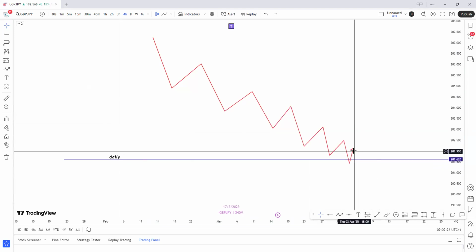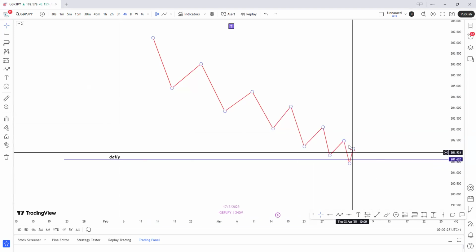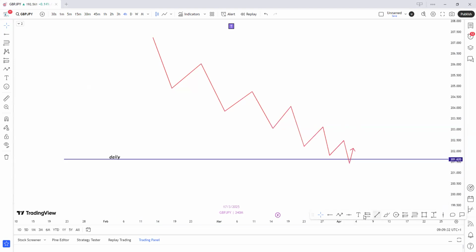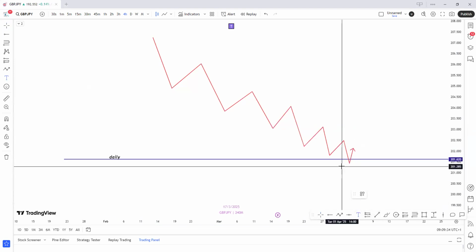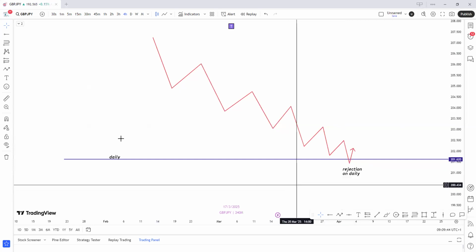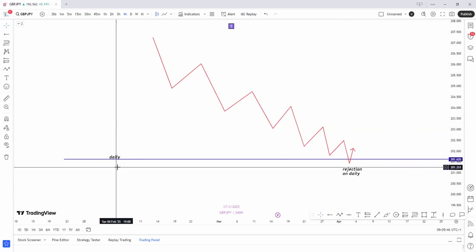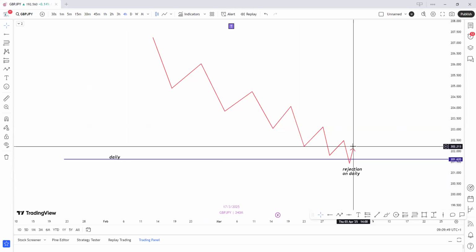The price would have to reject on the daily candlestick, the daily time frame. So I will need the daily candlesticks to come into this daily key level and reject before I build my buy bias, right?